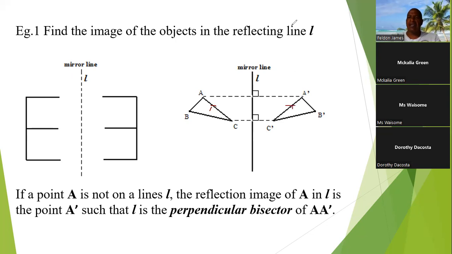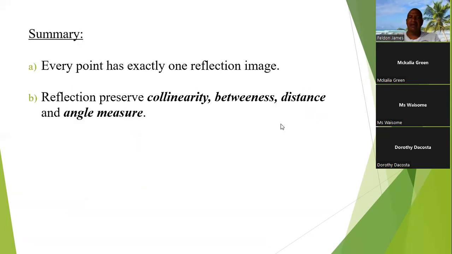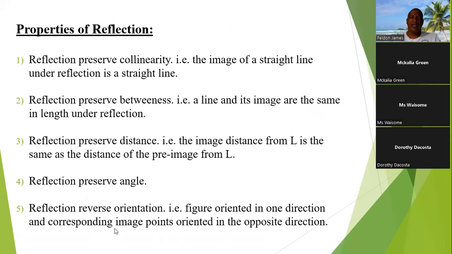Right, so that's what this is saying. So we are saying that reflection reverses orientation. Now, a figure is oriented in one direction and its corresponding image is oriented in the opposite direction.